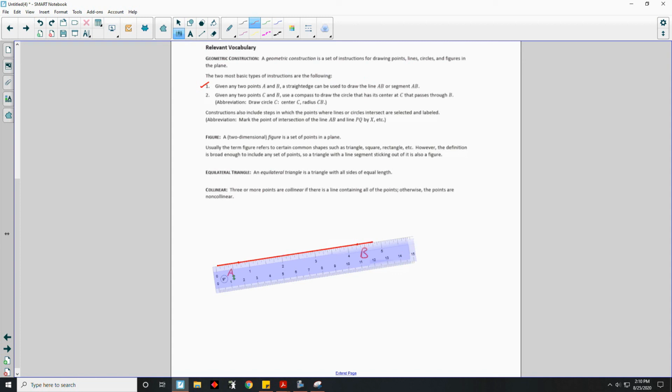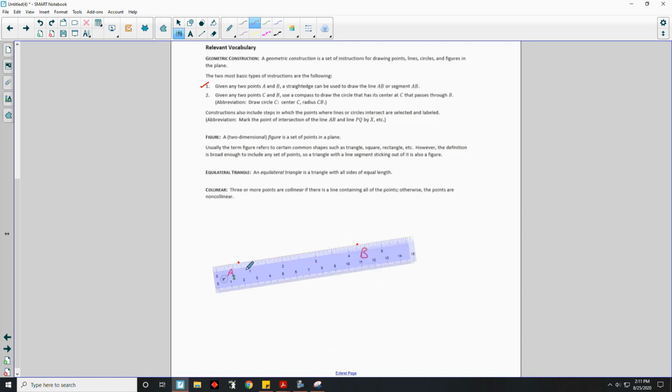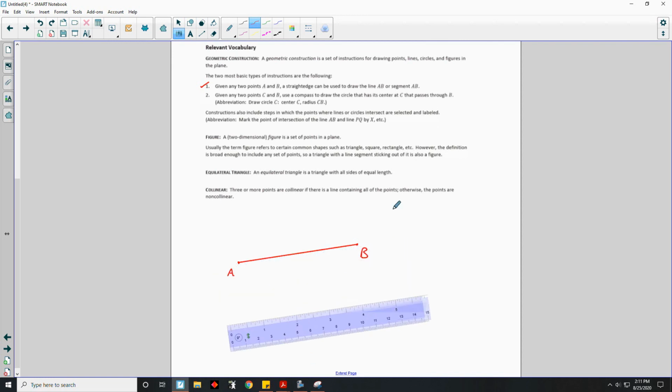So now I can just go like this, move the ruler, and put arrows, like so. There's line AB. Or, if I just start at the point and go to the next point without going beyond, no arrows, then that would be segment AB. So that's number 1.